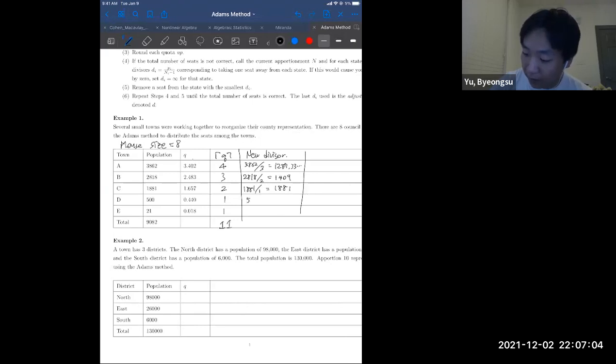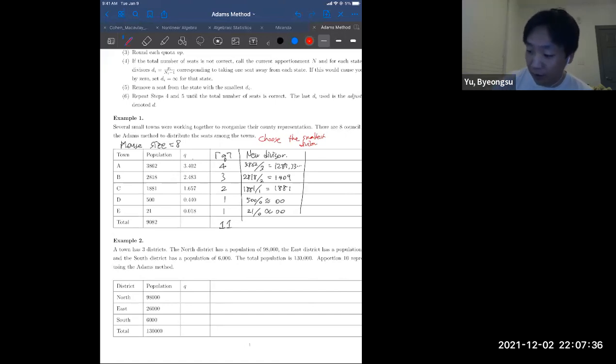And for D, it is 500 divided by 0. If you need to divide by 0, it is just called infinite, right? And likewise, 21 divided by 0 is also infinite. Then choose the smallest divisor and get rid of 1 seat from the town having the smallest divisor.